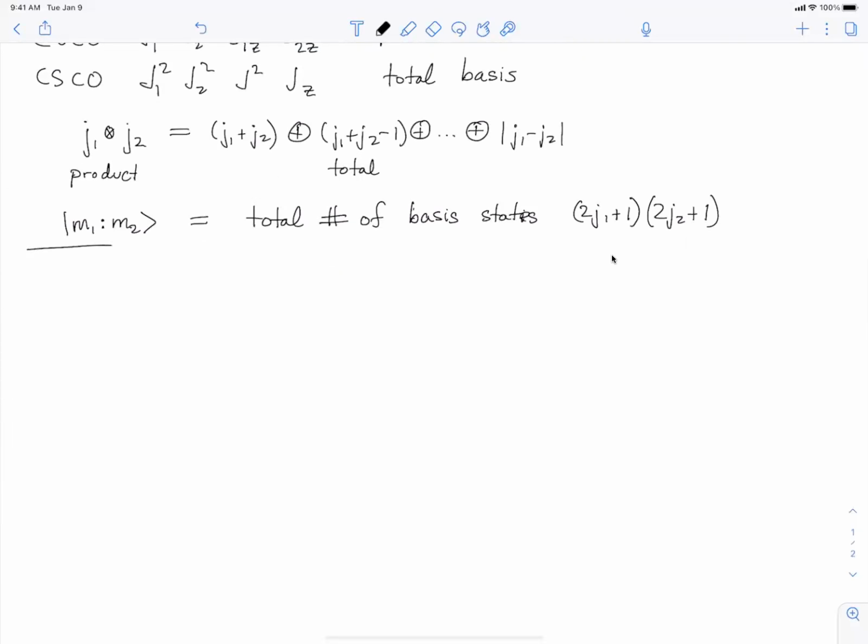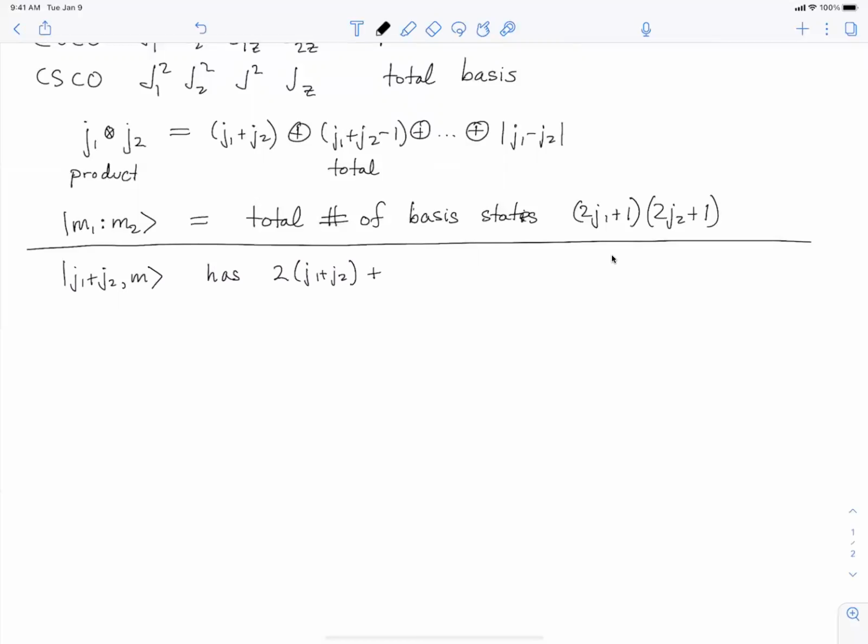Whereas if we instead did things in the total basis, then we would have states that look like this. First of all, there's J1 plus J2 with all of its possible values of m. And the number of those is 2 times (J1 plus J2) plus 1.